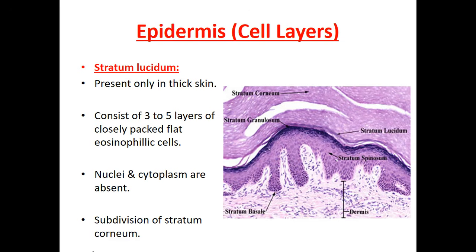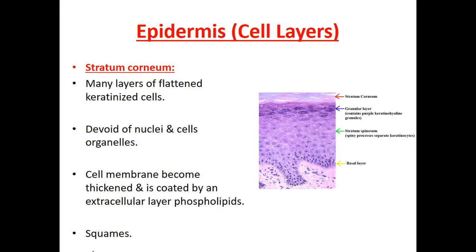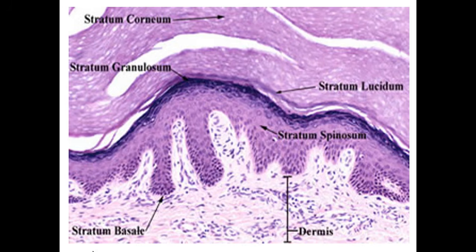Stratum lucidum, present only in thick skin, consists of 3 to 5 layers of closely packed flat eosinophilic cells. Nuclei and cytoplasm are absent. The stratum corneum has many layers of flattened keratinized cells devoid of nuclei and cell organelles. The cell membrane becomes thickened and is coated by an extracellular layer of phospholipids. It is a squamous type of epithelium.